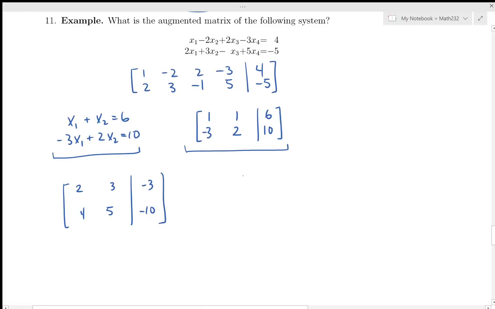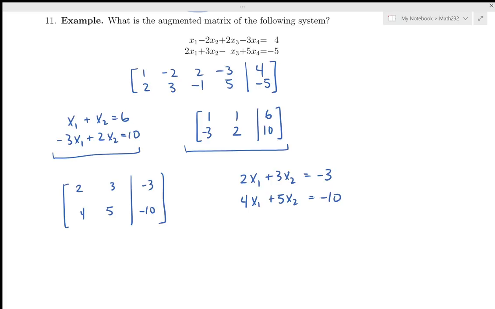Then I would write it like this. 2x1 plus 3x2 equals minus 3, and 4x1 plus 5x2 equals minus 10. So we can go back and forth between the augmented matrix representation and the system of linear equations that you're probably a little bit more used to seeing.